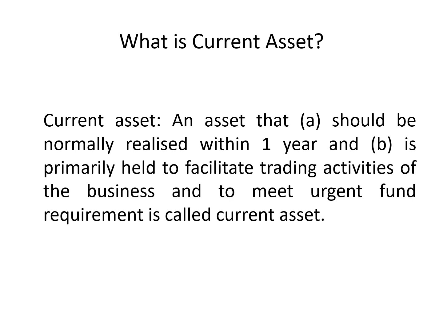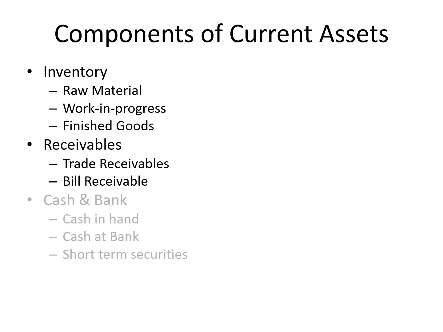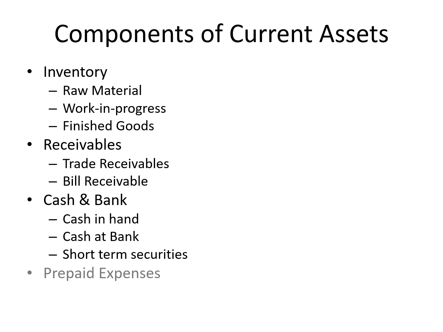Now we can see examples of current asset, or rather what are the components of current assets. We can group these current assets into four different heads: inventory, receivables, cash and bank, and prepaid expenses. Within inventory there is raw material, work in progress, and finished goods.